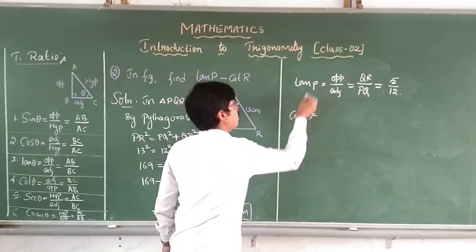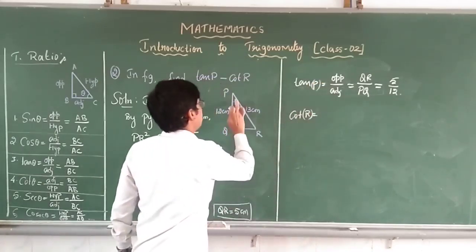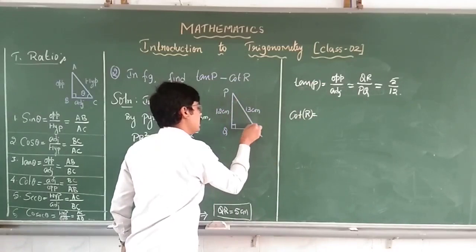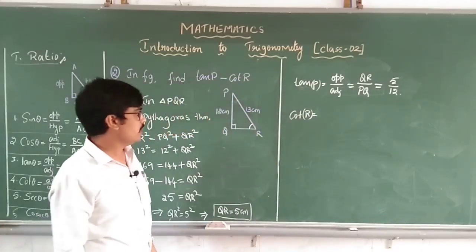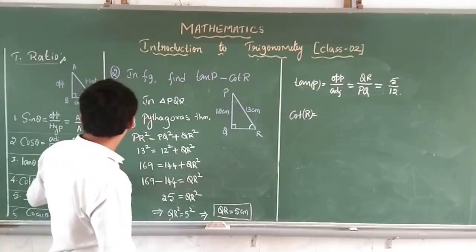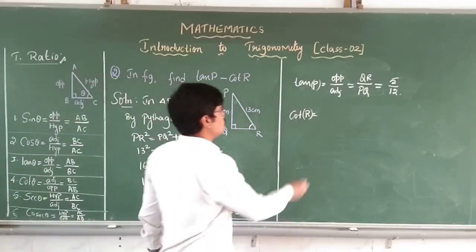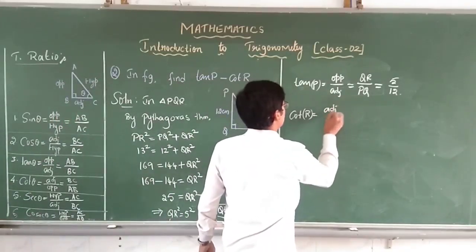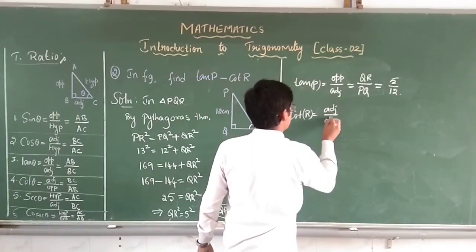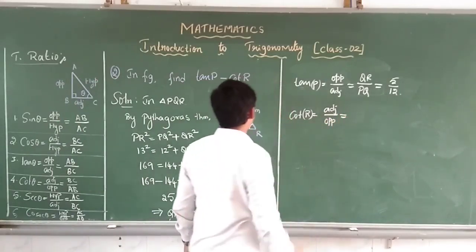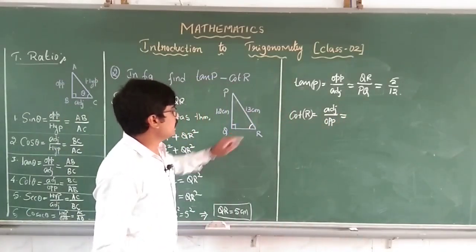Now find cot R, cot for the acute angle R. Now treat acute angle R as the acute angle. Then what is the ratio of cot? Cot is the ratio of adjacent to the opposite. So which is adjacent?